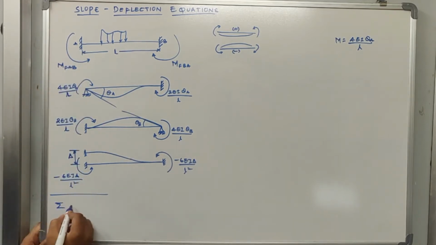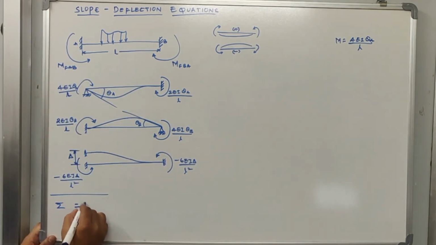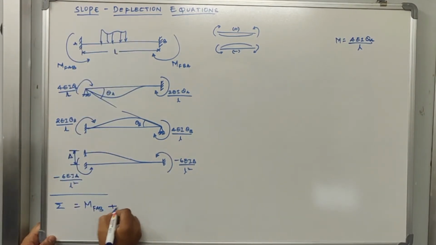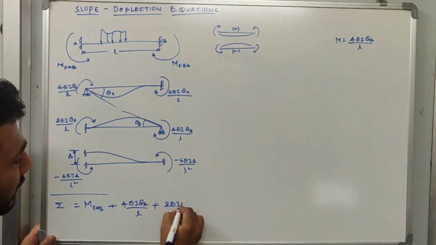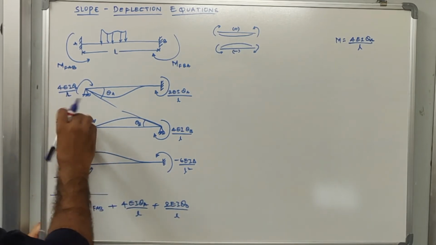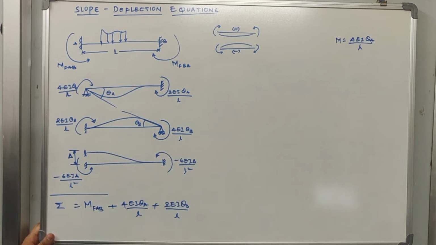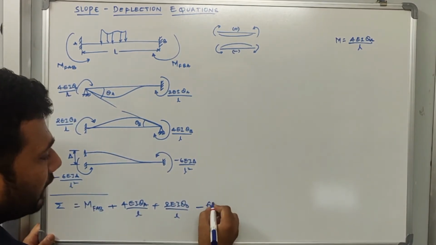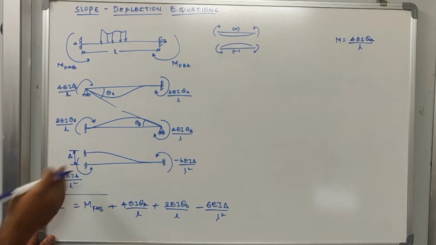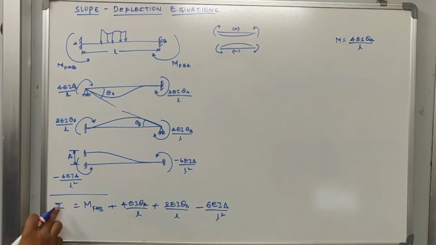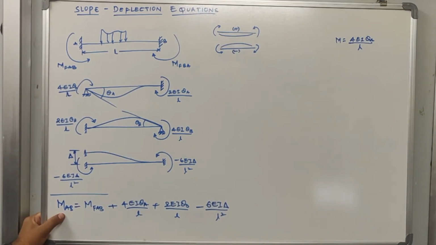The summation of all of this is nothing but MFAB, the moment representing the load which has been applied, plus 4 EI theta A divided by L, the moment created at the A end because of the rotation at A. Next is 2 EI theta B divided by L, the moment created because of the rotation at the far end B. Next, minus 6 EI delta divided by L square, the moment created because of the deflection taking place at A. I'll call this the end moment, or final moment.